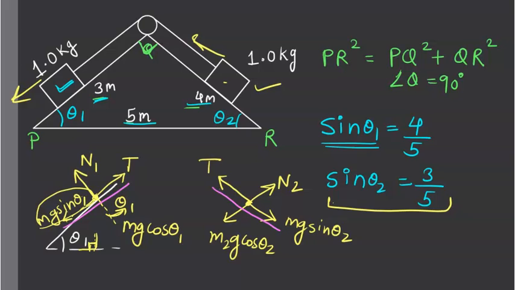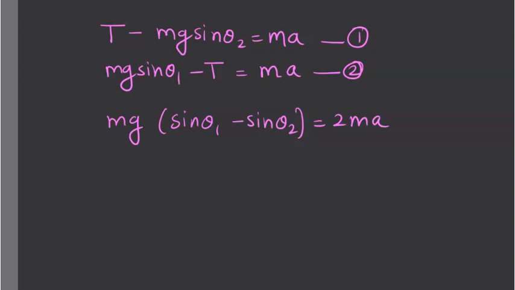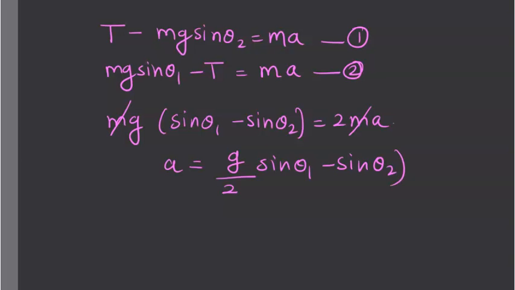Now what we have to do is plug in the values and find the acceleration. The acceleration is the same for both because they are connected by this string. If I solve this, I will get mg times sin theta 1 minus sin theta 2 is equal to 2ma. Now m and m can cancel, so a is equal to g by 2 times sin theta 1 minus sin theta 2.